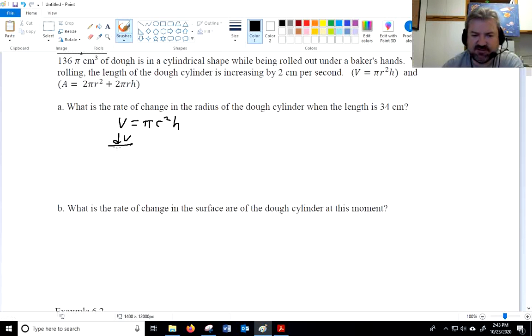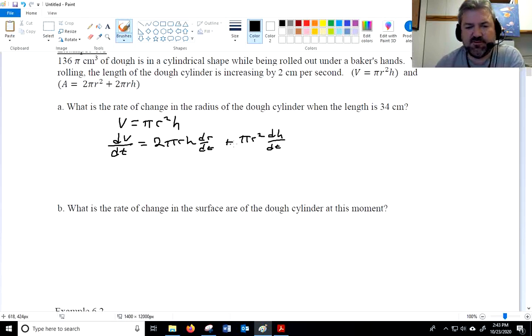So that's dV/dt equals, okay, I need to use the product rule here. With the r, it's 2 pi r h dr/dt, plus, now I need to take the derivative of h, so that's pi r squared dh/dt.